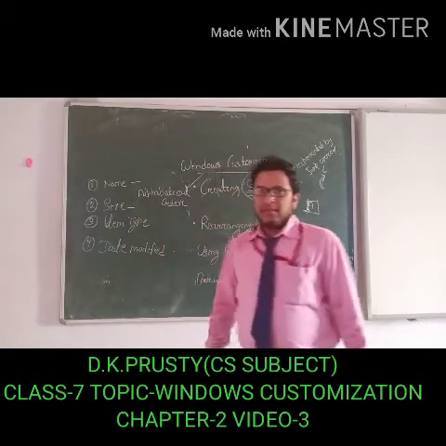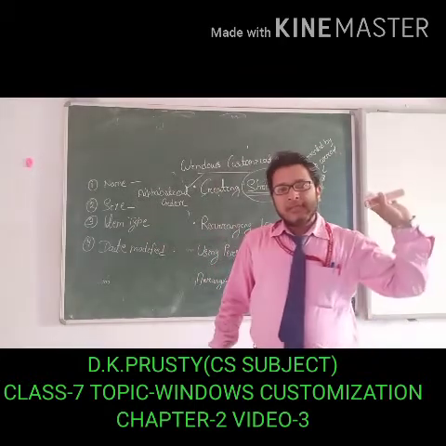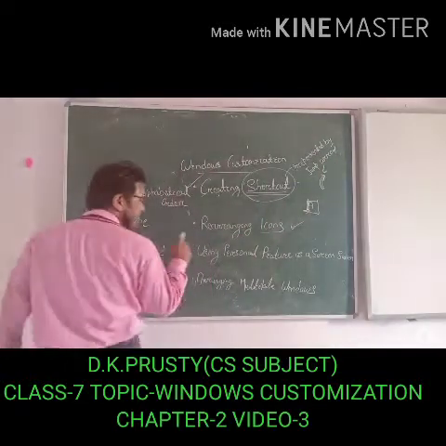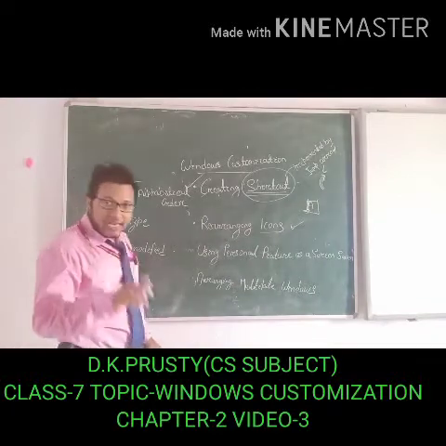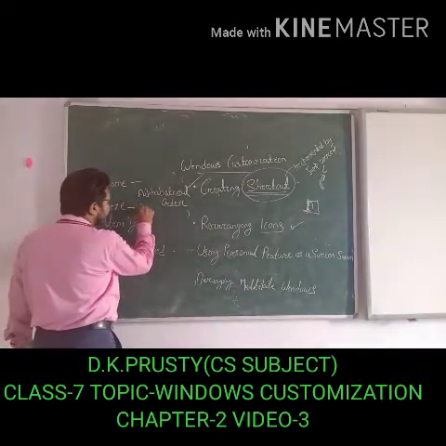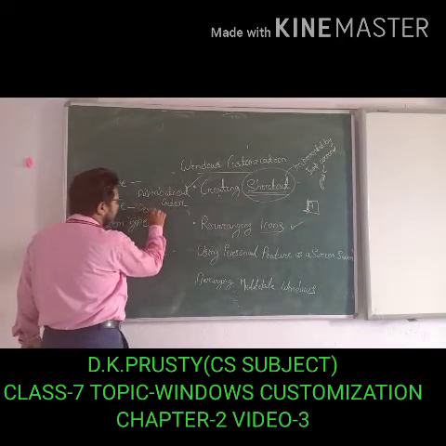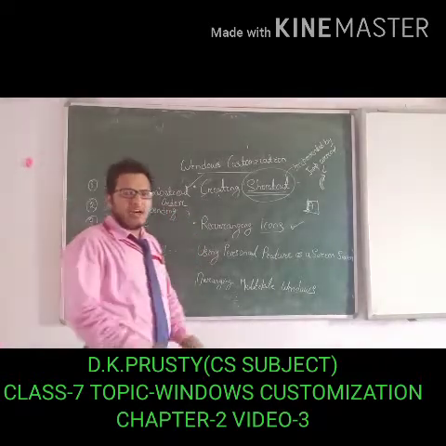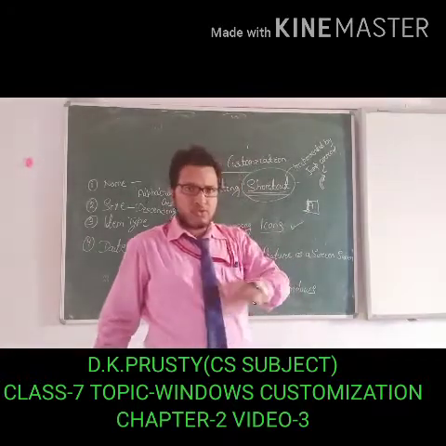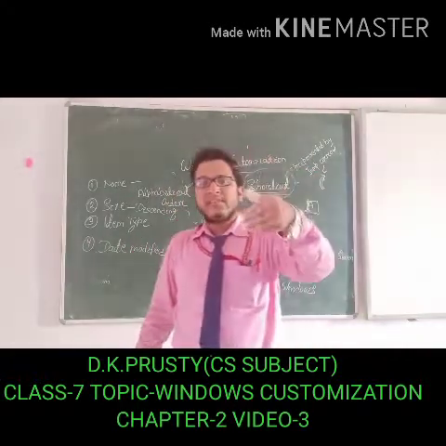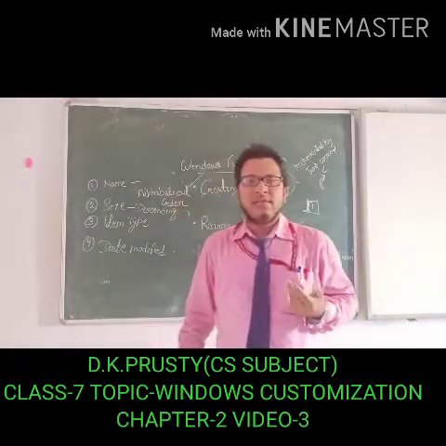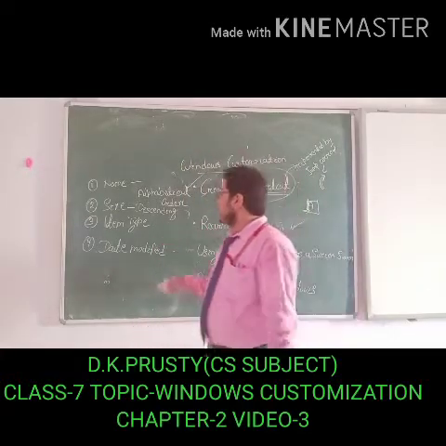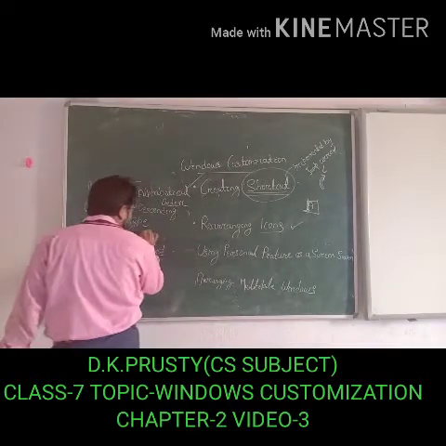So students, when the size is clicked, it will be displayed according to size, in descending order. Descending order means higher to lower. Whichever file or folder has the highest size will be displayed first like this. Is that clear, students?